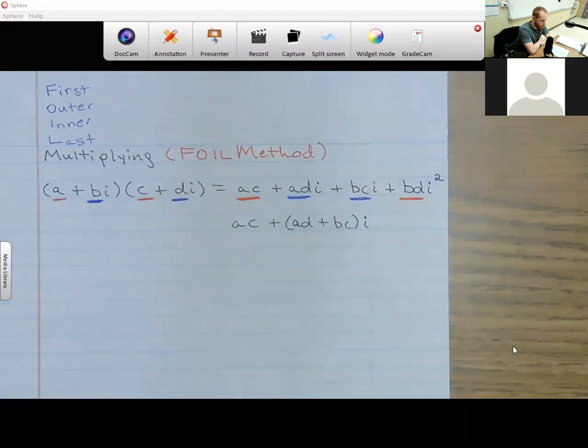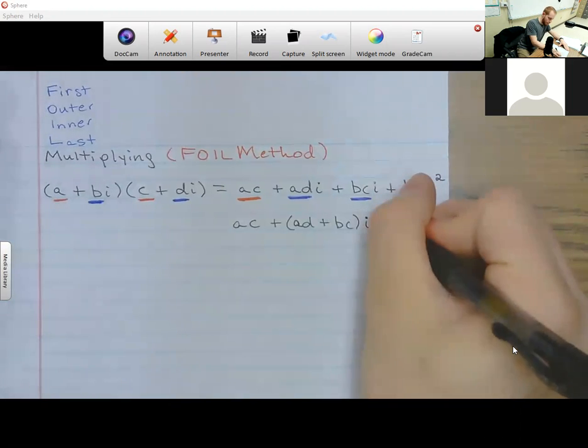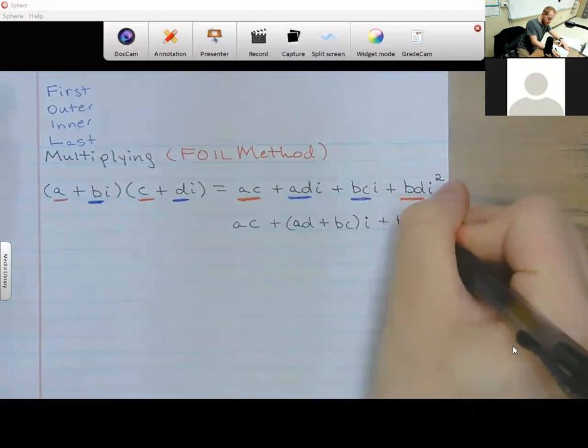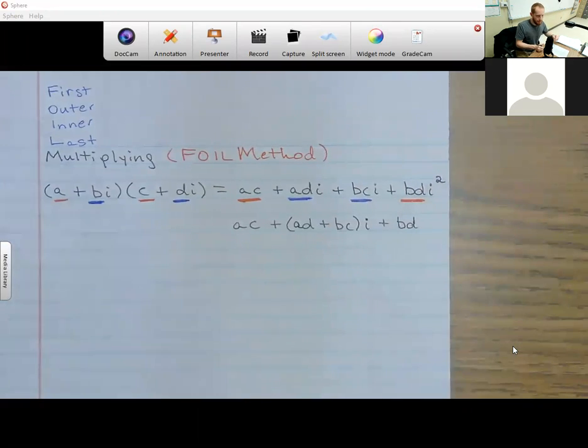So my imaginary part is going to be AD plus BC. So now I've got my two middle parts worked out, but what's there at the very end? A BD I squared. So plus BD. And then we need to figure out what I squared is.